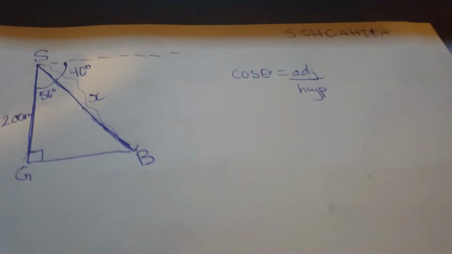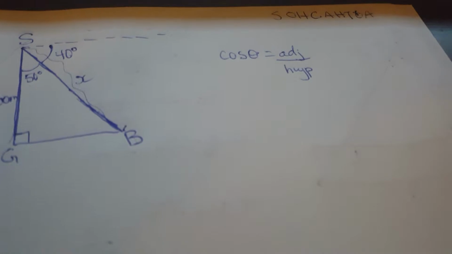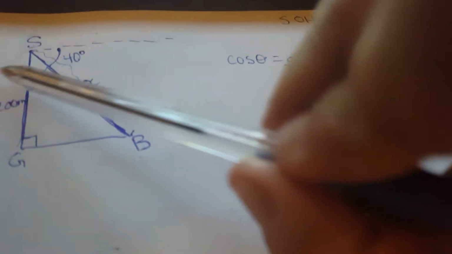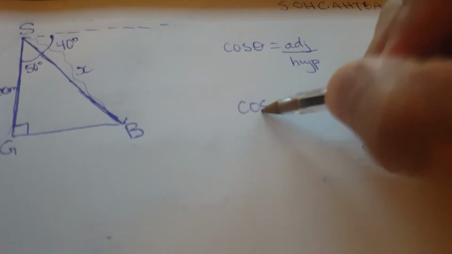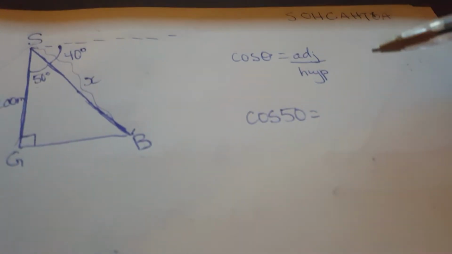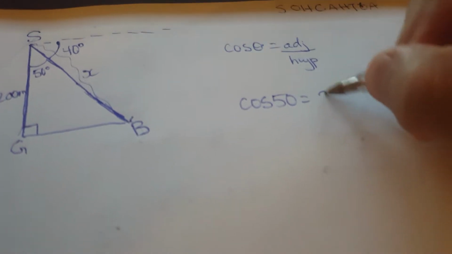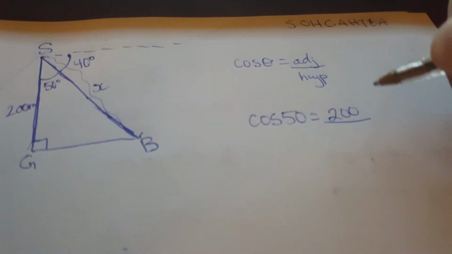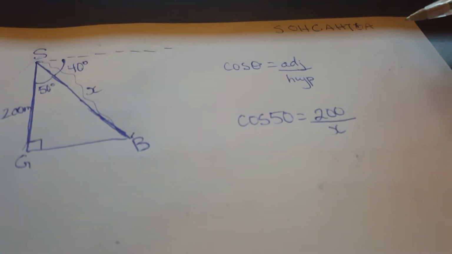Sorry, if I'm pausing, it's because I'm trying to get this to focus. So my angle of interest, the angle that I know, is the 50 degrees, so that's what I'm plugging in for theta. So cos 50 is equal to my adjacent side, which I know is 200, divided by x, which is my hypotenuse. That's what I'm trying to find.